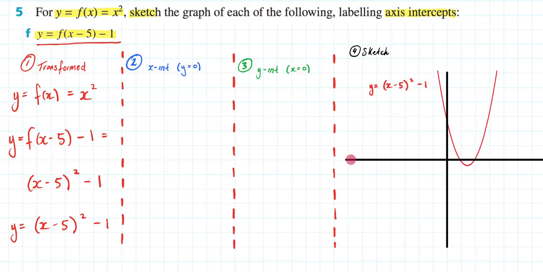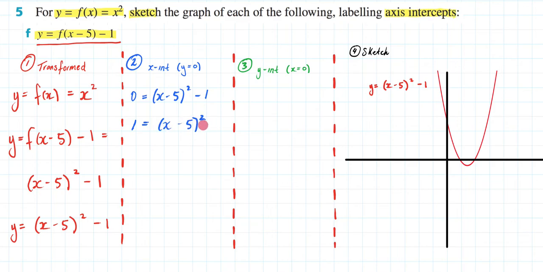Perfect. I now need to figure out what my x-intercept will be. So I begin by writing down what I know, which is that y equals x minus 5 squared minus 1. To find my x-intercept, I let y equal 0, so I get rid of that, and I have 0 there. I now am going to rearrange to solve for x. I will plus 1 to both sides. 1 equals x minus 5 squared.